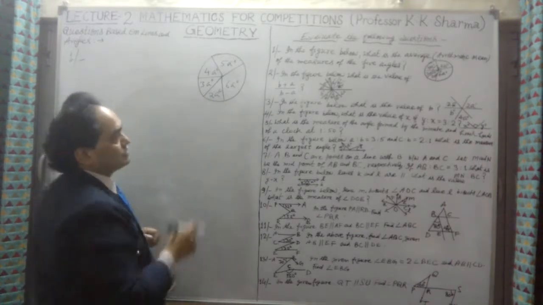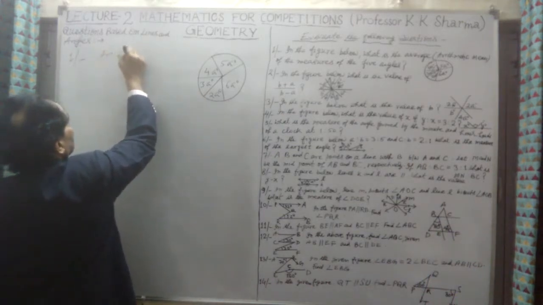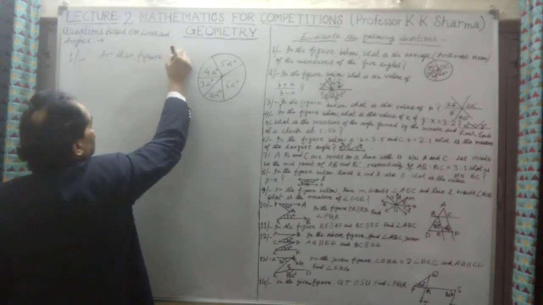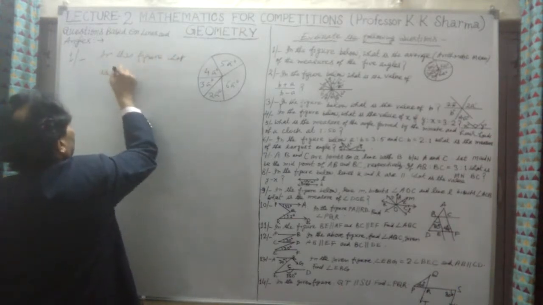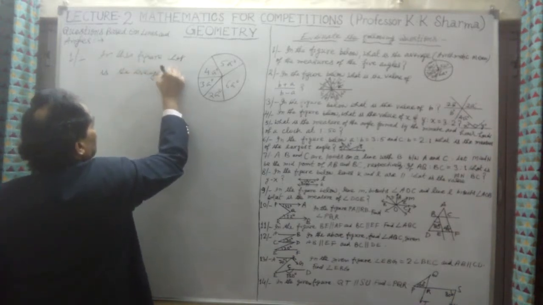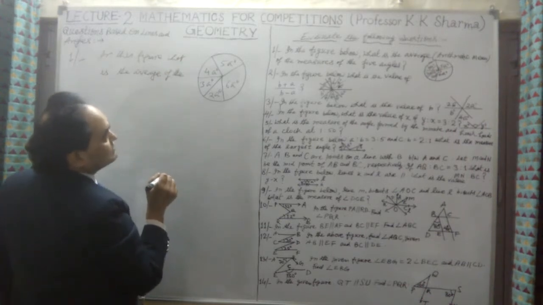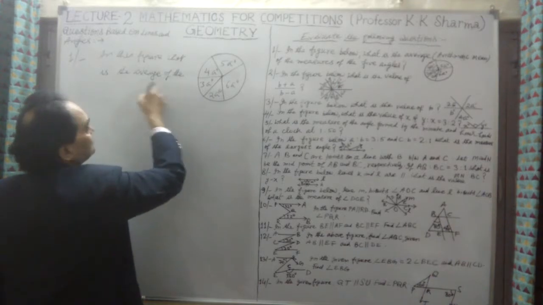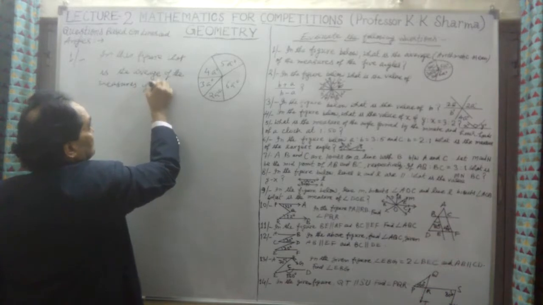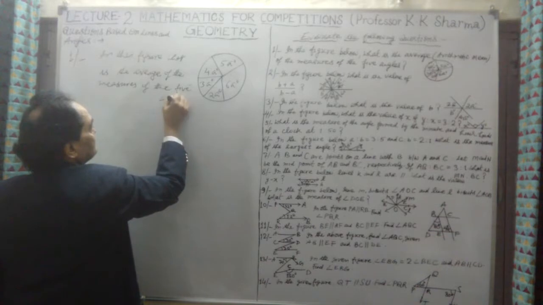The question is: in this figure, what is the arithmetic mean of the measures of the 5 angles?